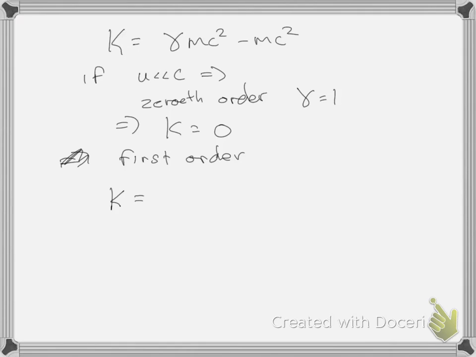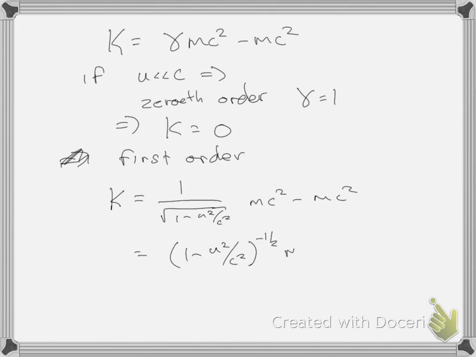K is equal to, for u much, much less than c, we've got 1 over the square root of 1 minus u squared over c squared, mc squared minus mc squared. Okay, so I'm going to rewrite that as 1 minus u squared over c squared to the minus 1/2 mc squared minus mc squared.